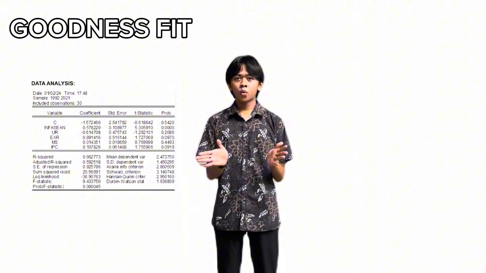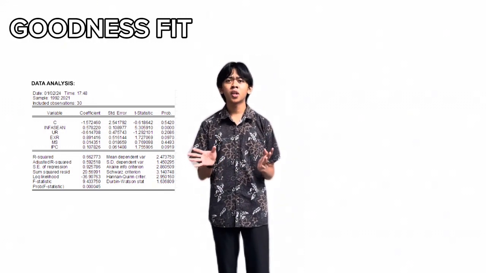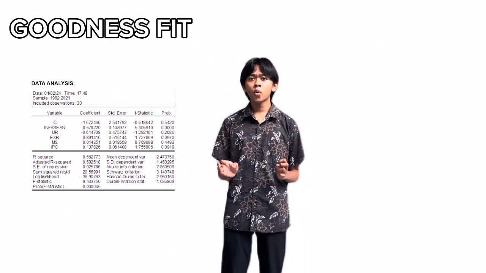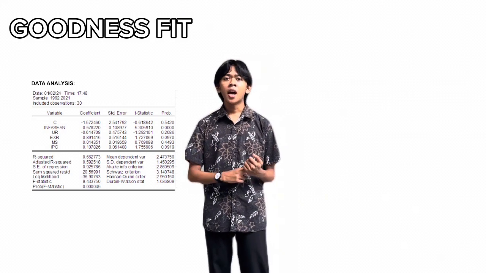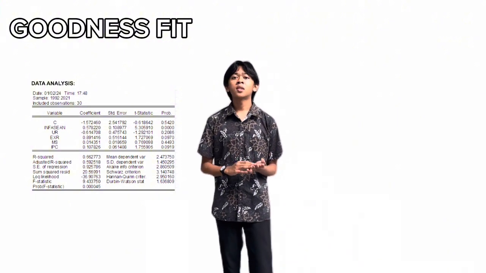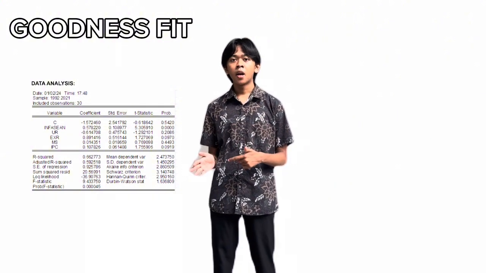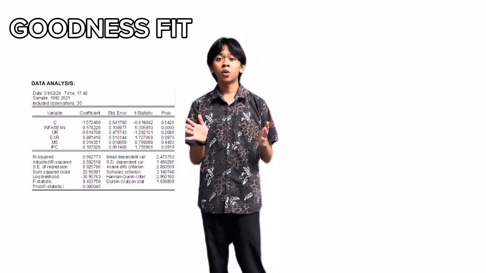The adjusted R-squared looks at whether additional input variables contribute to the model. Given our very high adjusted R-squared value, this gives us an indication that the additional explanatory variables are actually adding value to the model because they are able to explain the corresponding changes in the dependent variable. Therefore, we can see that the model is a good fit.